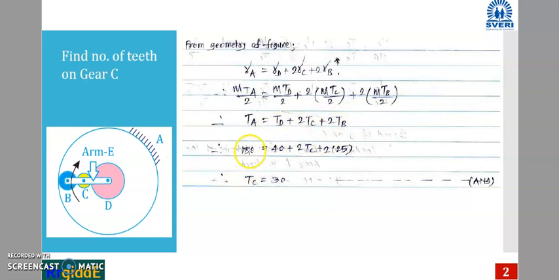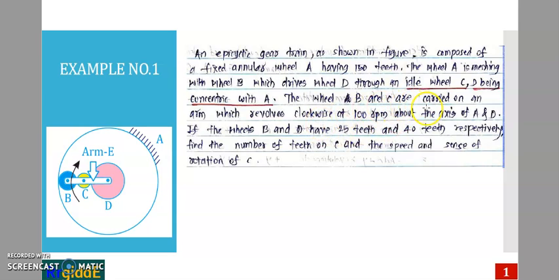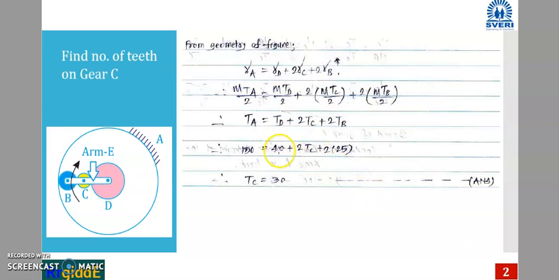By putting the value of TA as given in the numerical, that is 150 teeth, then 40 teeth for TD, then 25 teeth for TB, we can get the value TC is equal to 30. So this one is the first step.